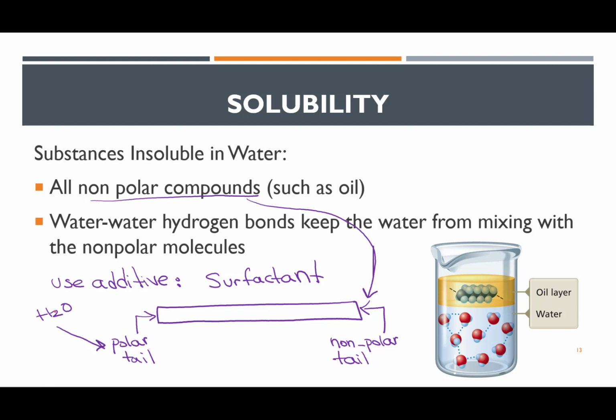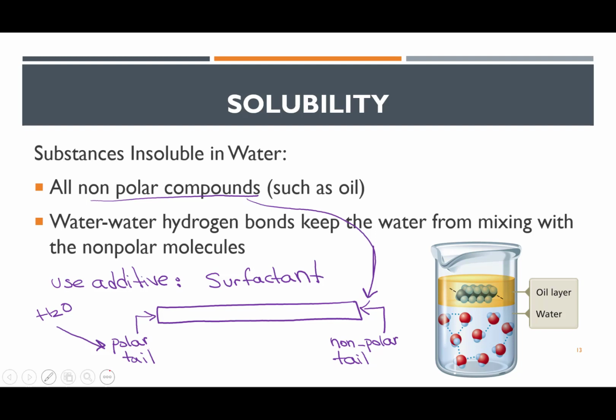So whenever you want to dissolve a non-polar compound in a polar solvent, you have to use an additive, which we call a surfactant, that has a polar tail and a non-polar tail.